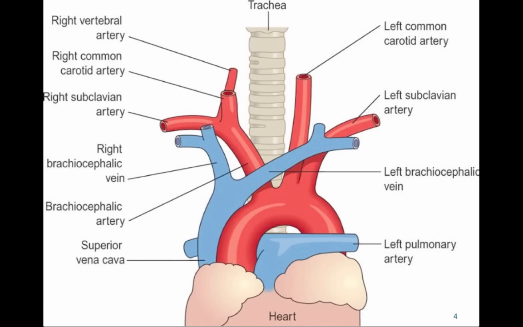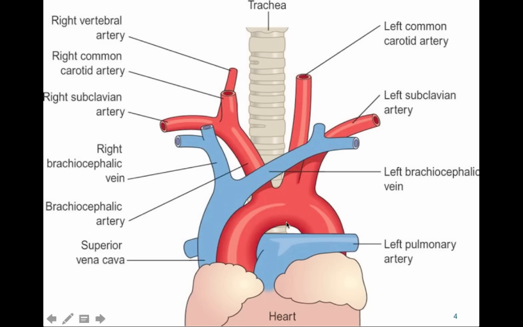This is what blood supply looks like from the source, the heart. There's a whole theory on how blood is made, and I'm not going to go into all that, but if you're interested, there is quite a lot of information as to how blood is created in the body.